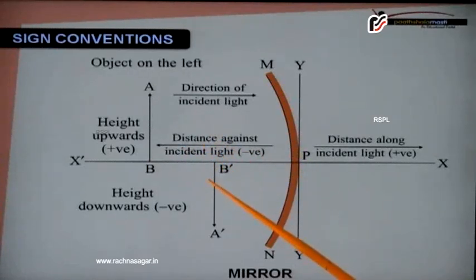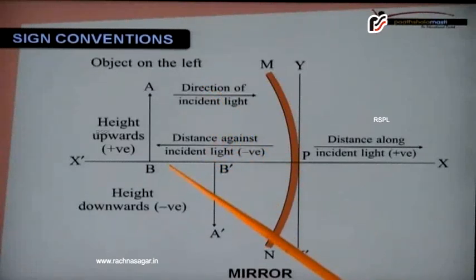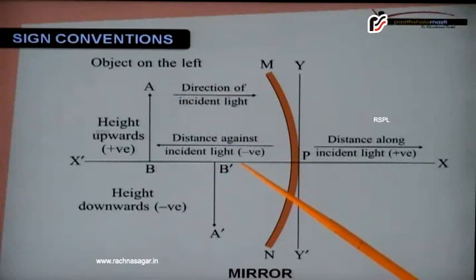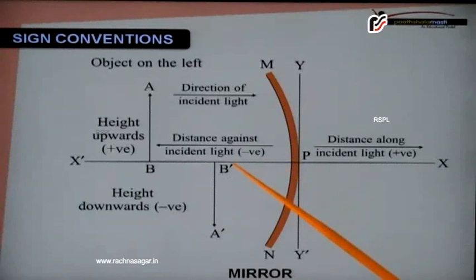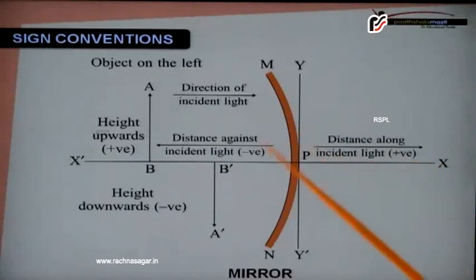Similarly, if the image of object AB is formed as A dash B dash, it is given a negative sign because it is to the left of the pole and the distance is against the incident light. If any object or image is formed here, it is taken as positive because it is to the right of the pole and the distance is along the incident light.